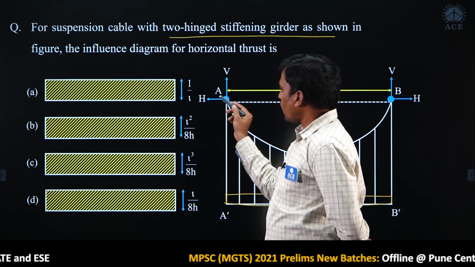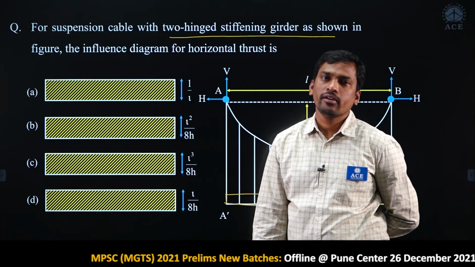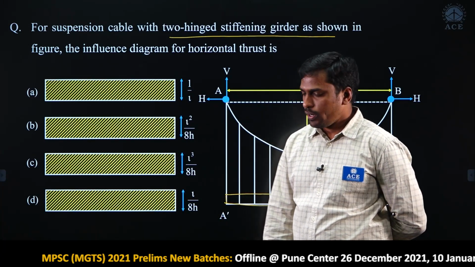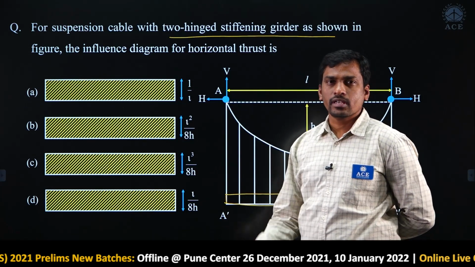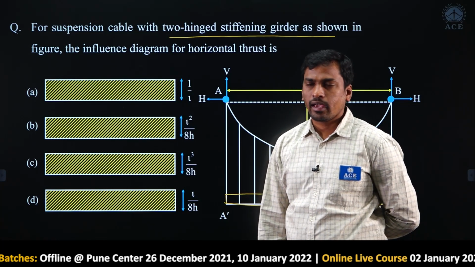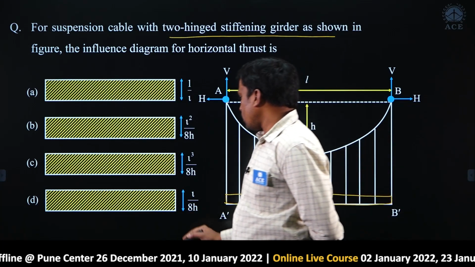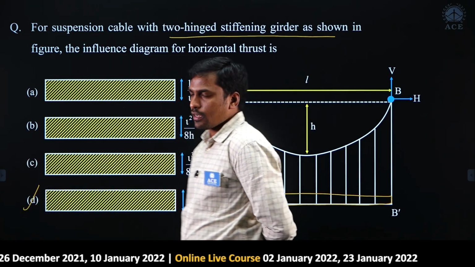He asked to draw the ILD for horizontal thrust. Students, the horizontal thrust value is the same everywhere, right? So here, this is the standard one, option D is correct.